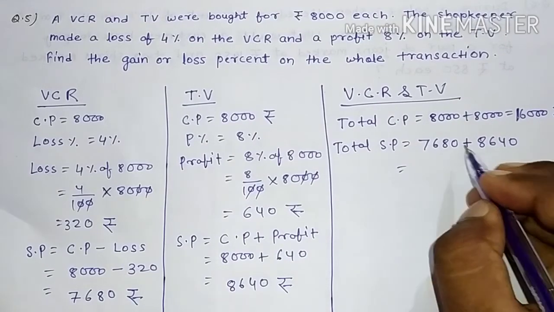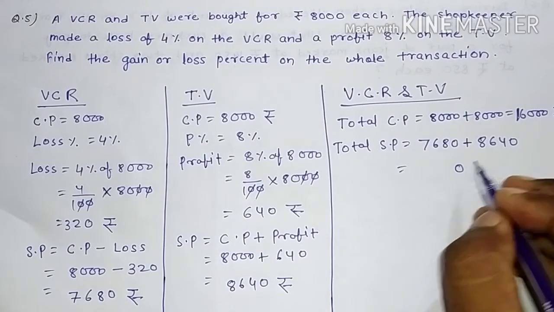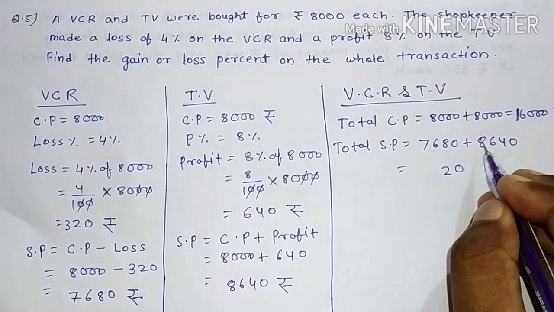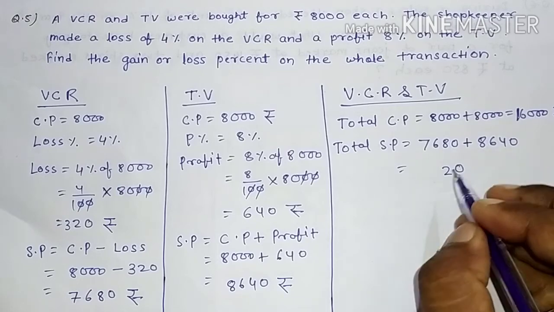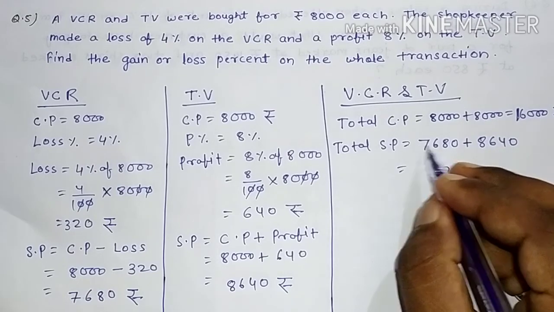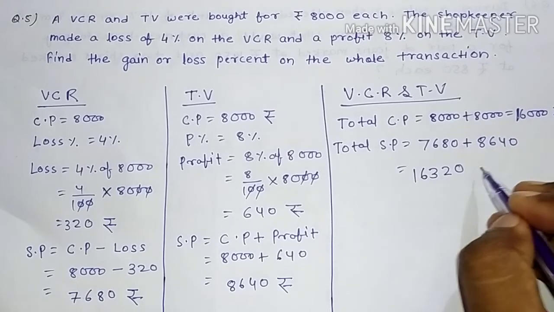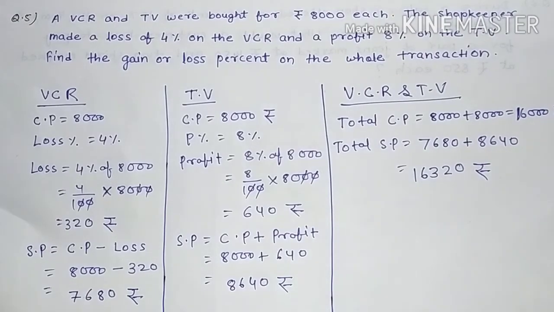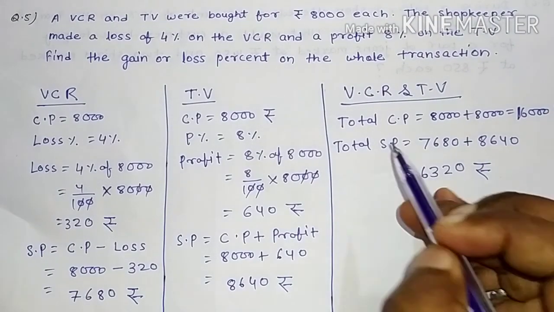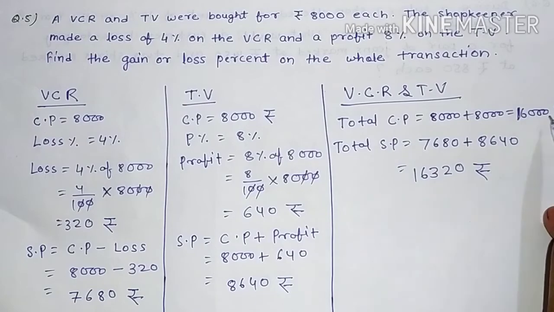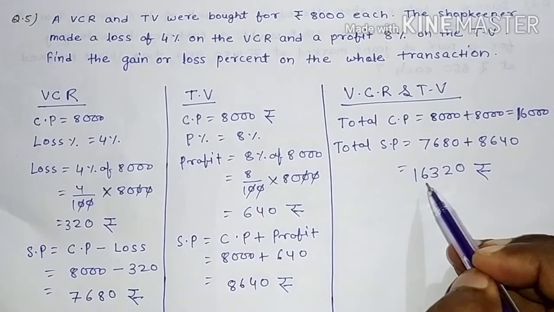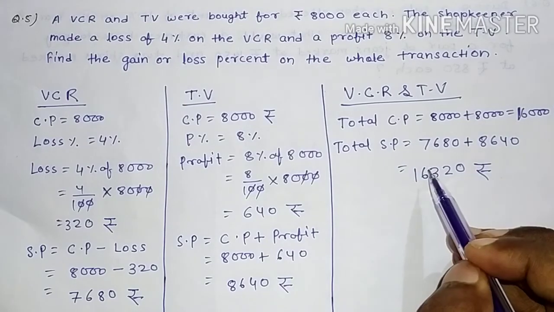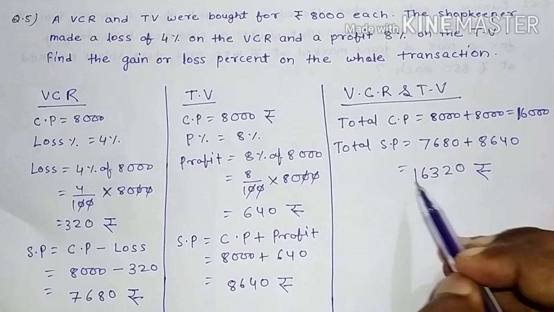So just add this: 0 plus 0 is 0, 8 plus 4, that is 12, 2 carry 1, 6 6 12, 13, 3 carry 1, 8 8 16. Now this is the total selling price of VCR and TV. So total CP is 16,000 and total SP is 16,320. That means SP is greater than CP.